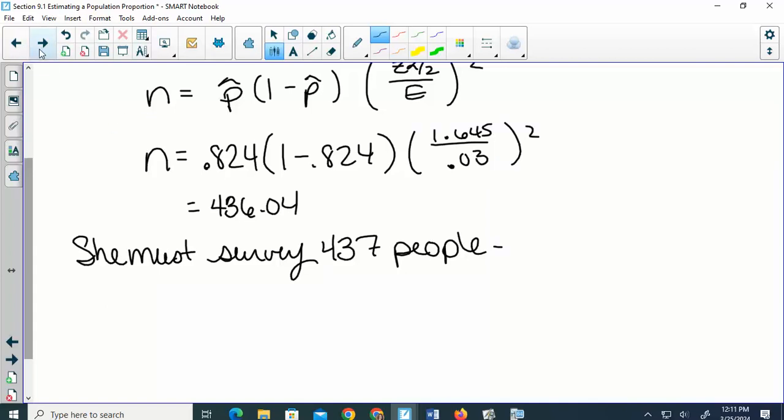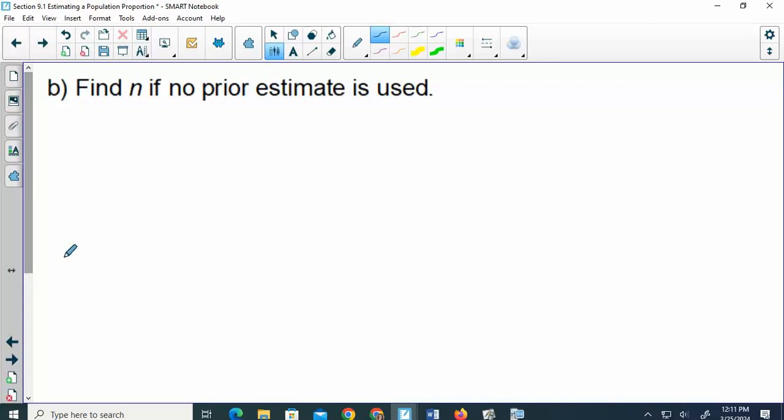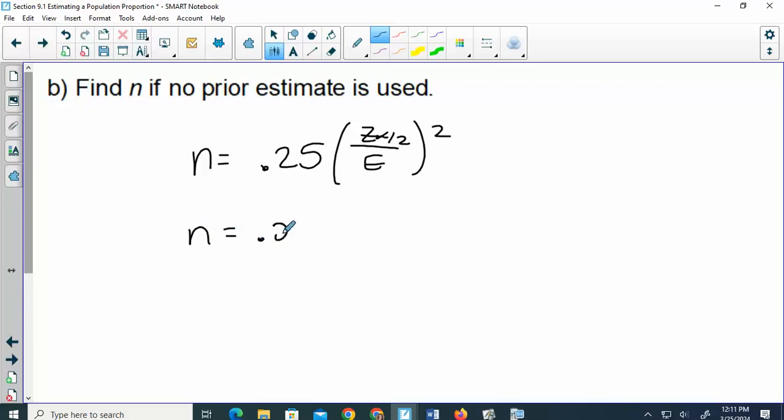Okay, so if we didn't have that prior sample, we have to use the second formula, which is the 0.25 times z alpha over 2 divided by e squared. My z alpha over 2 is still 1.645. My e was still 3%.